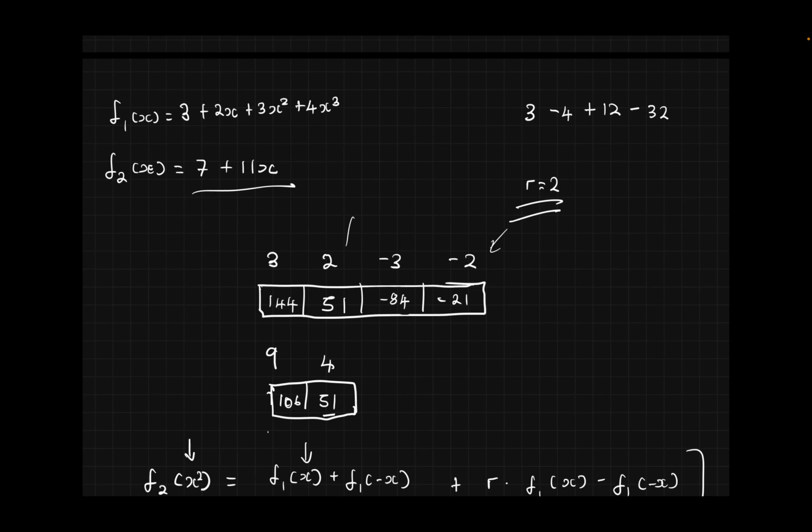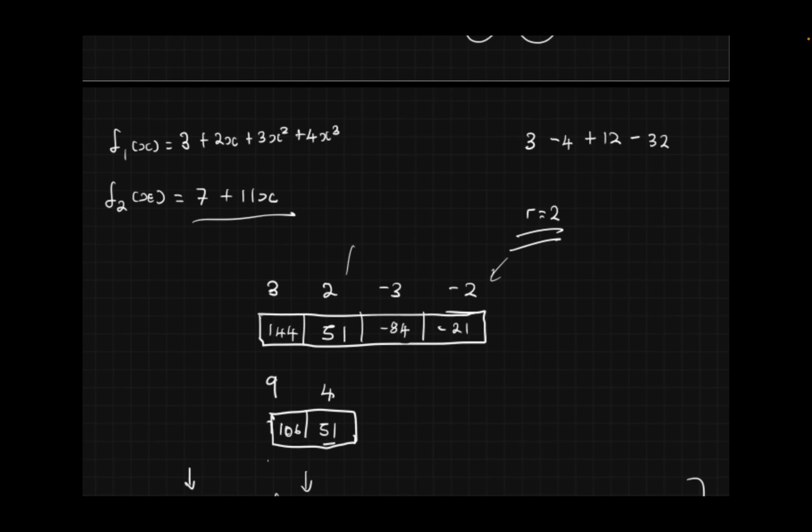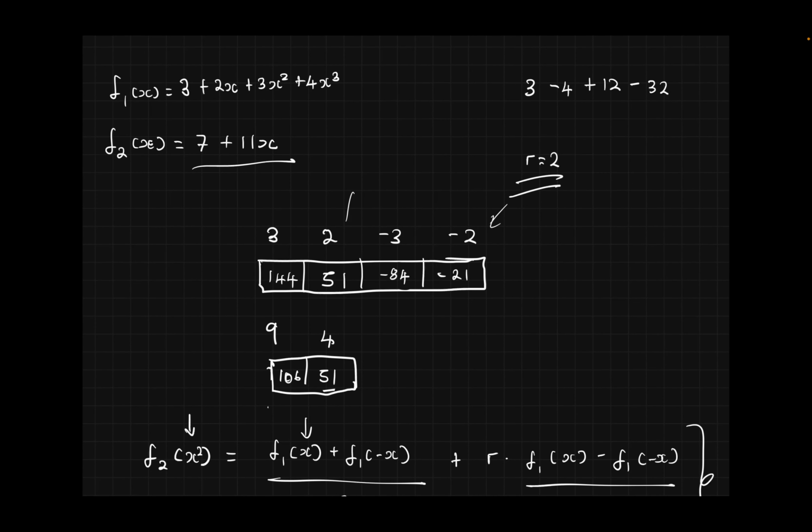The prover is supposed to give the value at 3, the value at minus 3, and the value in the next layer at 3 square. So it's supposed to give F1 of 3, F1 of minus 3, and then F2 of 9.